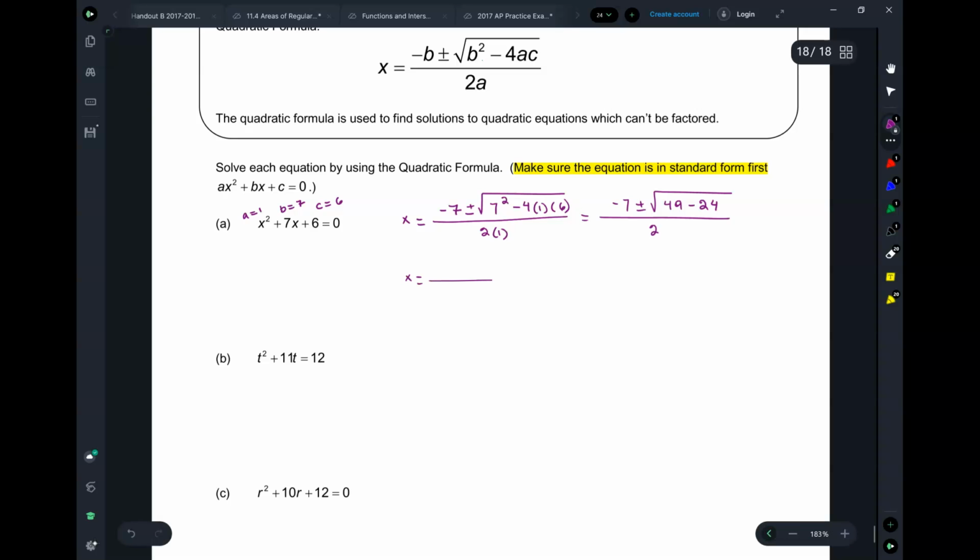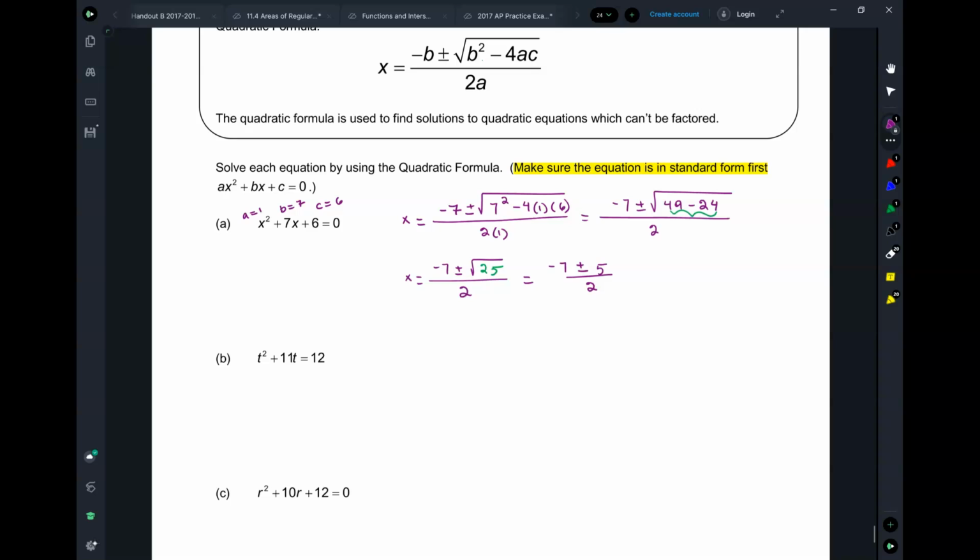Next, x equals negative 7 plus or minus the square root. How much is 49 minus 24? 25. All over 2. Okay, this is equal to negative 7 plus or minus, what's the square root of 25, 5, over 2. In certain cases, it's a perfect square, so the square root goes away, right?